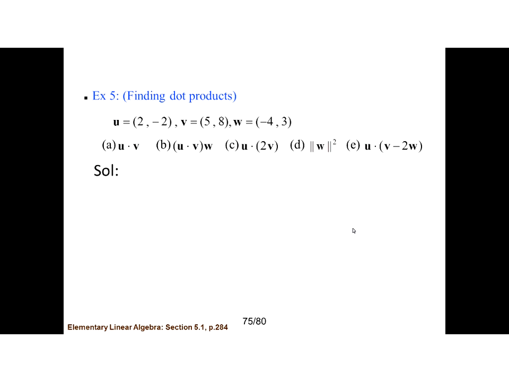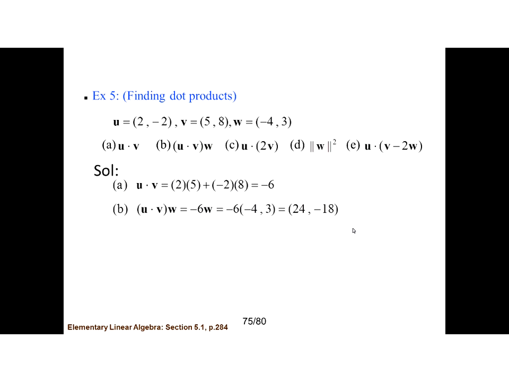So over there we can find u dot v. u dot v is equal to, we have to multiply 2 multiplied by 5 and minus 2 multiplied by 8, and adding them we get minus 6.